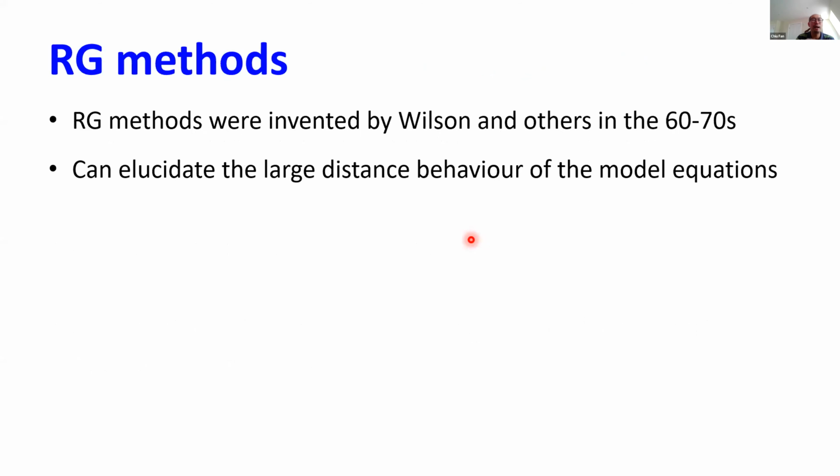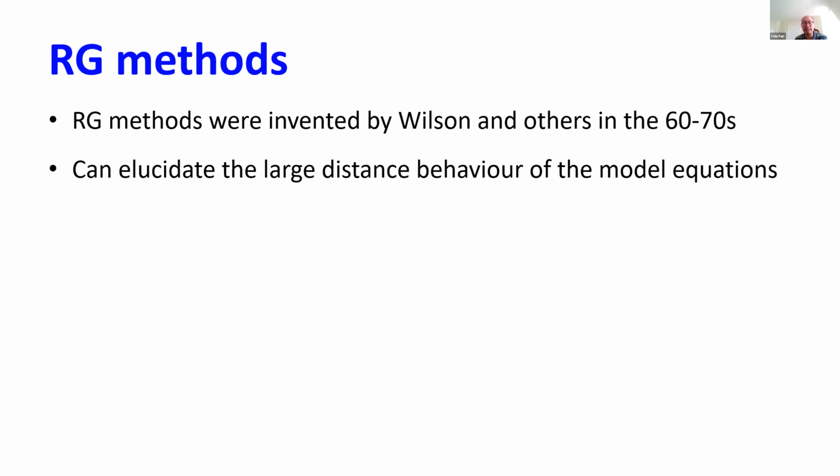But basically, an RG method is a calculational tool that was invented by Wilson, Kenneth Wilson, a Nobel Prize winning work, and others in the 60s and 70s. And that calculational tool allows us to elucidate the large distance or hydrodynamic behavior of model systems, right?